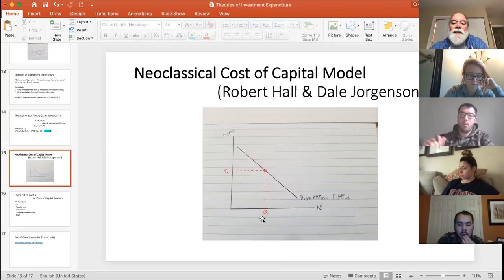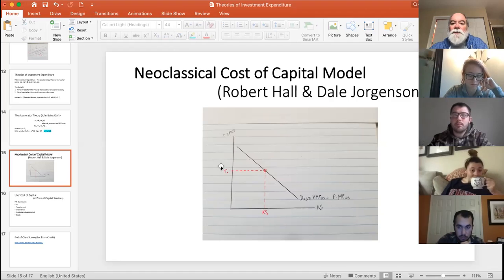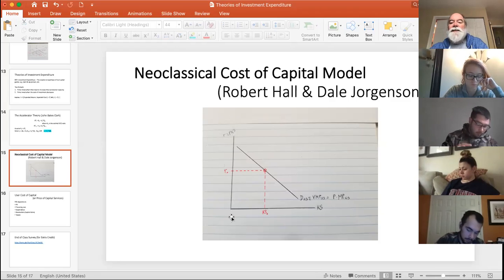Okay? And the answer to that question is they're going to need to know what is this thing on the vertical axis, which goes by a number of different names. You can think of it as the rental. You can think of it as the cost of capital, though strictly speaking, it's the cost of capital services. Or you can think of it as PKS, which stands for price of capital services. So the price is on the vertical axis, the quantity is on the horizontal axis.